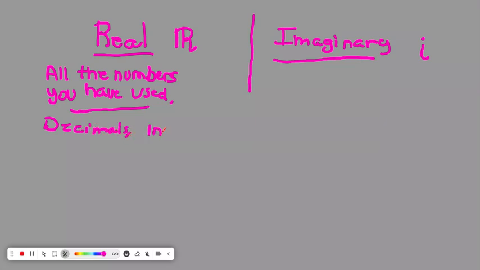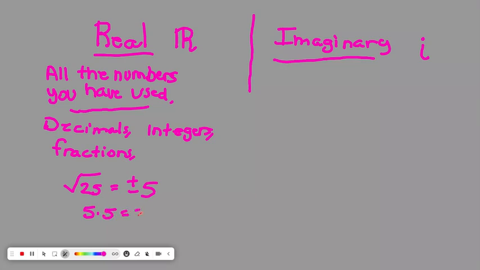Integers, which we talked about before, fractions, they're all real numbers. So if I say the square root of 25, that's a real number because the square root of 25 is plus minus 5, right? Because 5 times 5 equals 25, or negative 5 times negative 5 is 25. So they're real numbers.